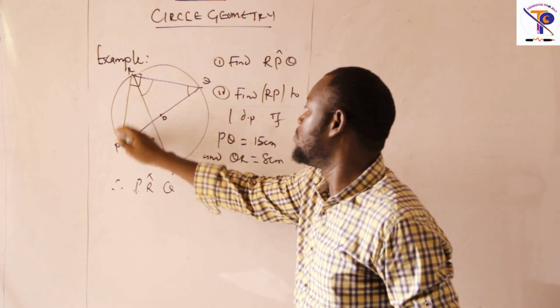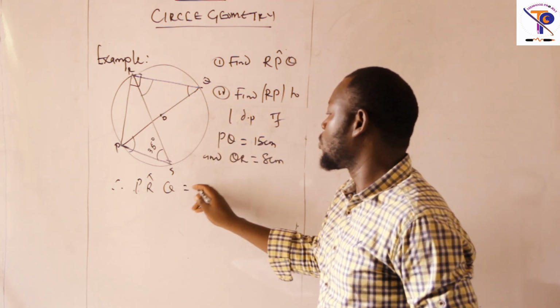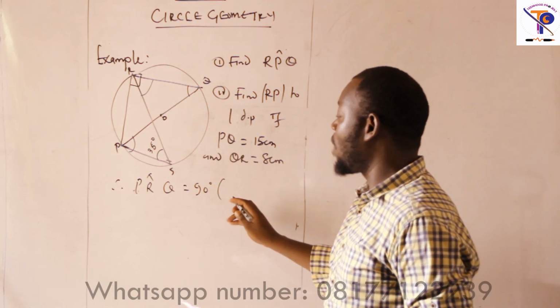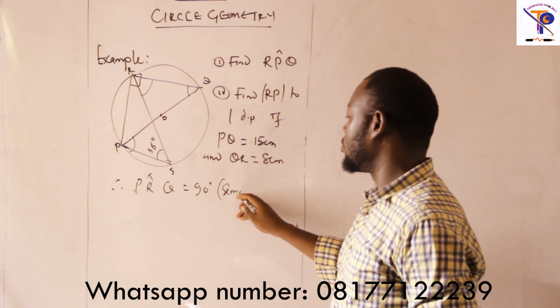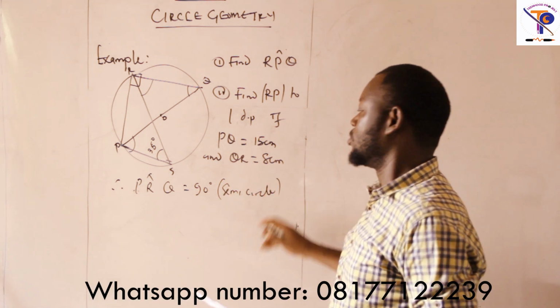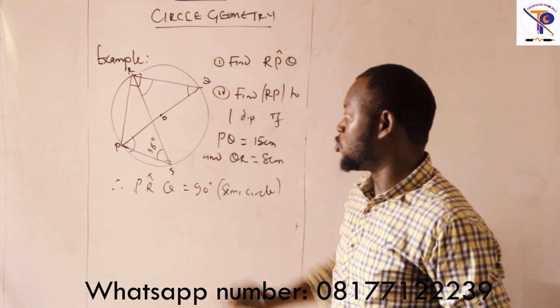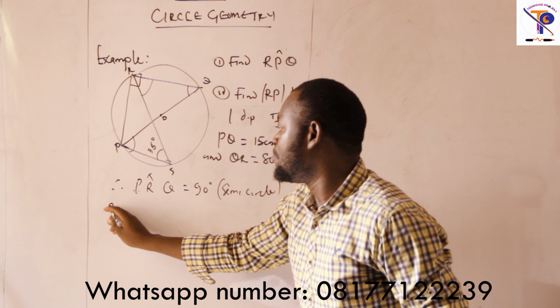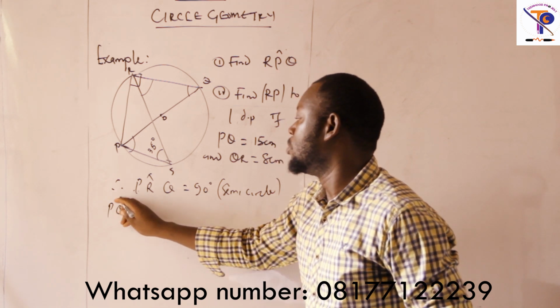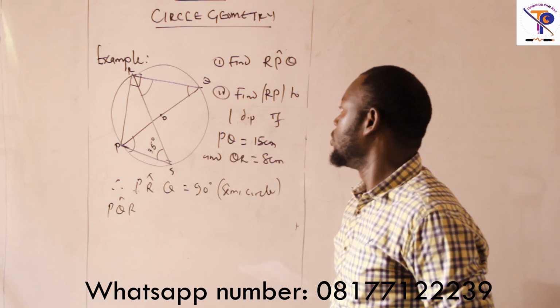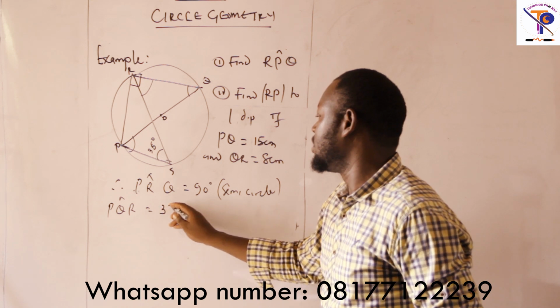This angle PRQ will be equal to 90 degrees. Why? Just say semicircle. You're good. So if this is 90 degrees, then we have this one as well to be 35. So my angle PQR is equal to 35 degrees.